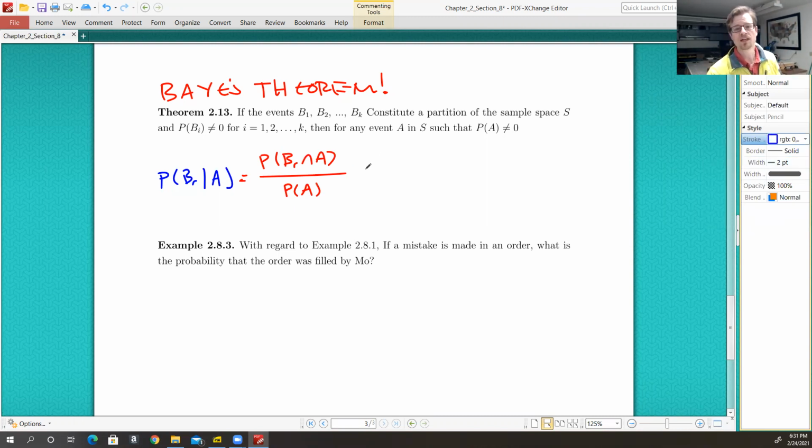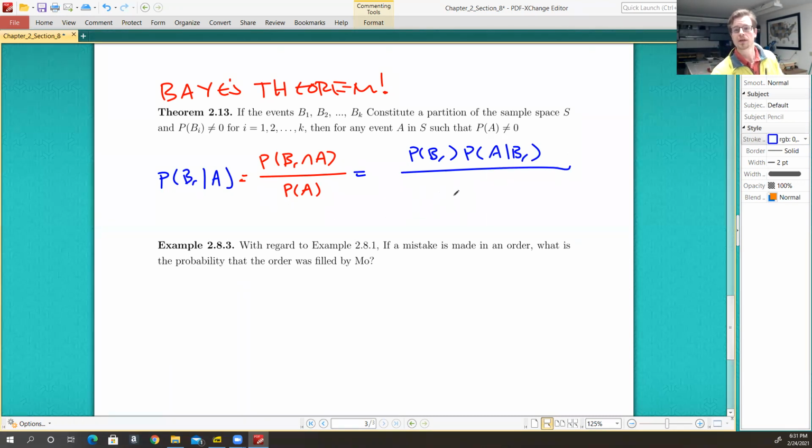But what we want to do here is use exactly what we just found, as well as the ideas from section 2.6. Theorem 2.9 would tell us that the probability of the intersection is exactly the probability of Br times the probability of A given Br. So now instead of Br given A, I've swapped it. Sometimes the information that you have is convenient for you to perform this particular calculation.